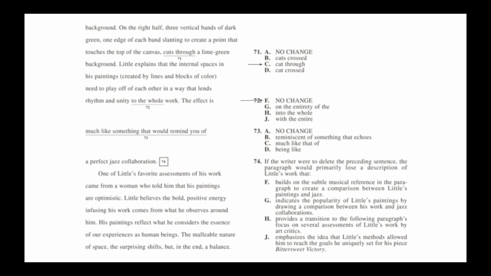It's pretty short, pretty concise, and gets the idea across of what the last sentence is trying to say. If we substitute D, the effect is being like a perfect jazz collaboration. That doesn't make sense. That's confusing the readers of what the last sentence is trying to say. So out of A, B, and C, the most concise, the least confusing, and the option that still gets the meaning across is C. So we know that C is correct.